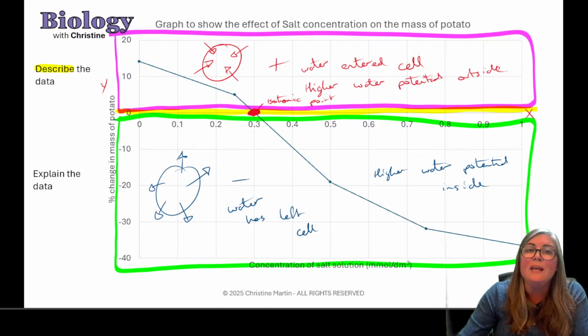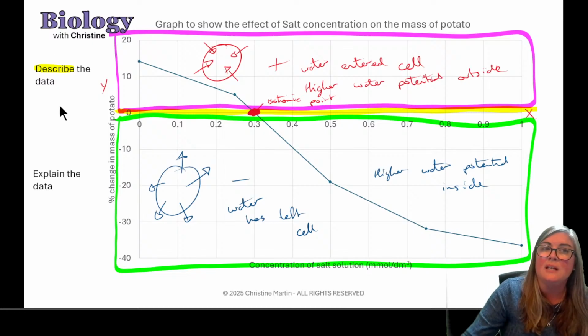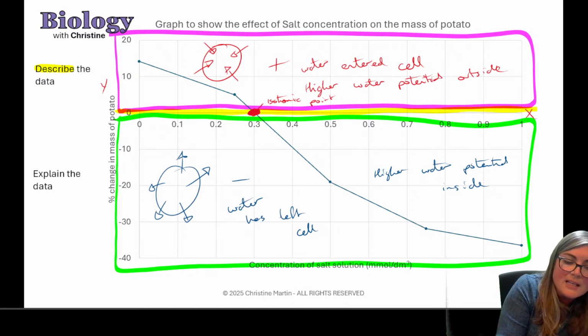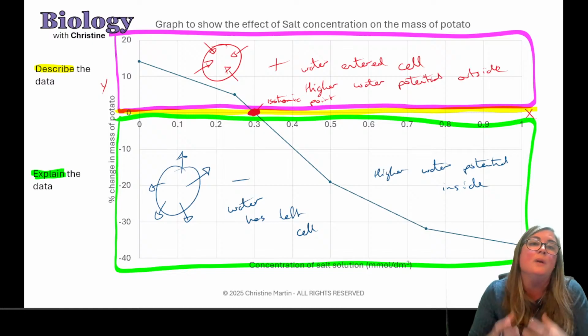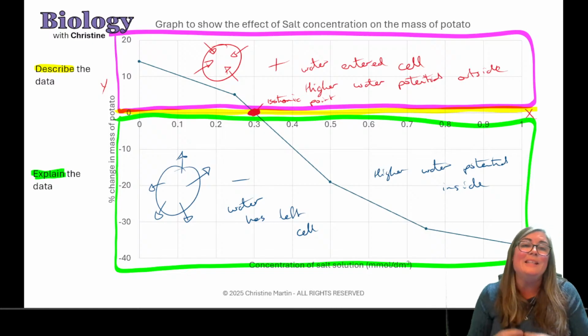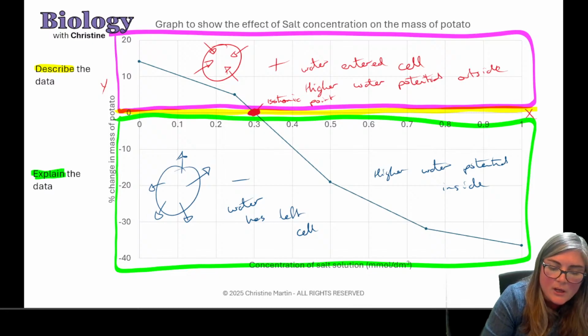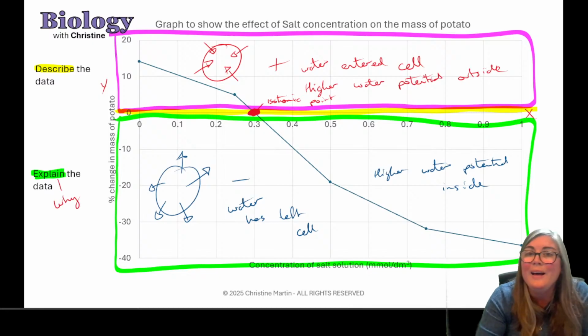So when you are looking at a question that is asking you to describe the data, say what you see. If it's asking you to explain the data, you have to give the science that is going on. Why did that happen? The key thing about explain questions is, why is it happening?